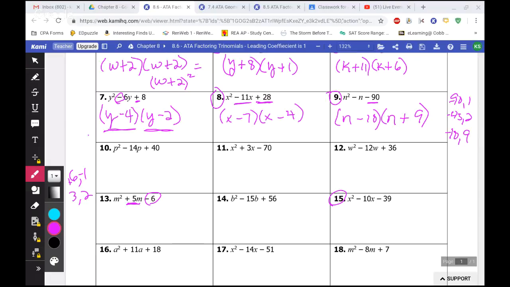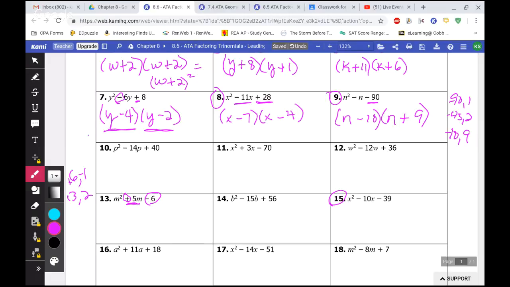Sorry about that. Okay. I'm going to go back and start at the beginning since I had to cut off. Anyway, the -6 says that one factor is going to be positive, one's going to be negative. The positive here tells me the bigger of the two is going to be positive. So I'm looking for all the factors of 6, which are 6 and 1, 3 and 2.